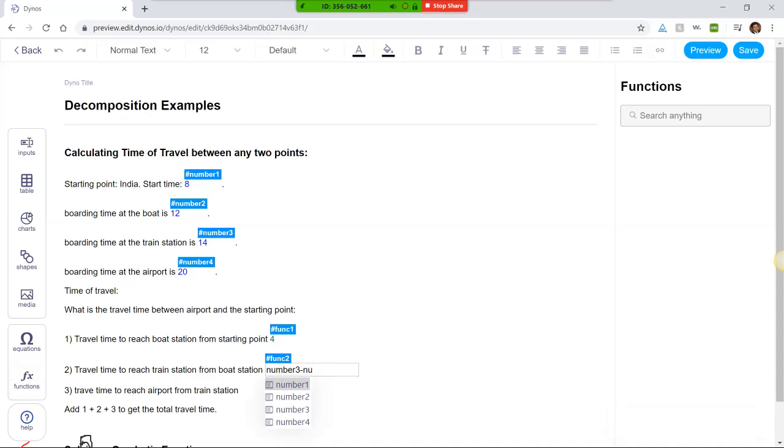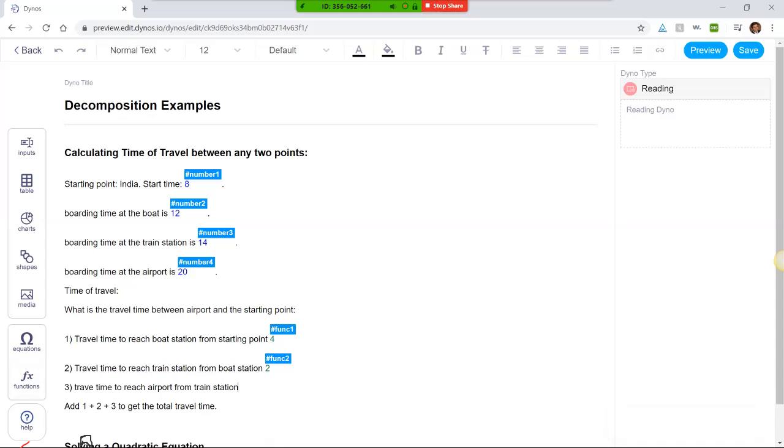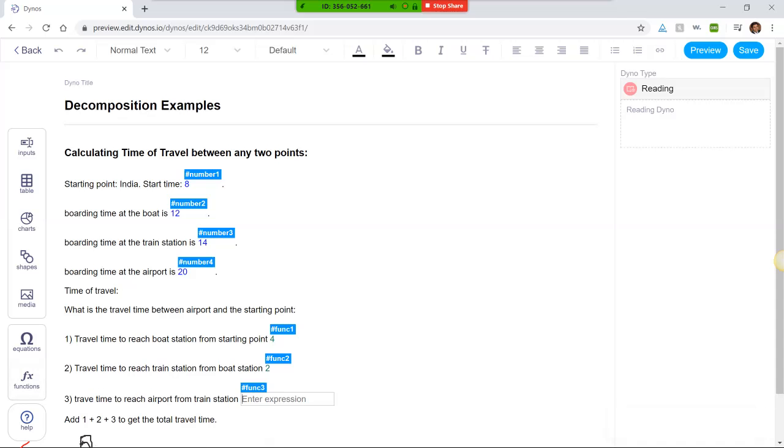Number 2, that's right. And now finally, for number 3, what is the function for the travel time to reach the airport from the train station? Number 4 minus number 3.